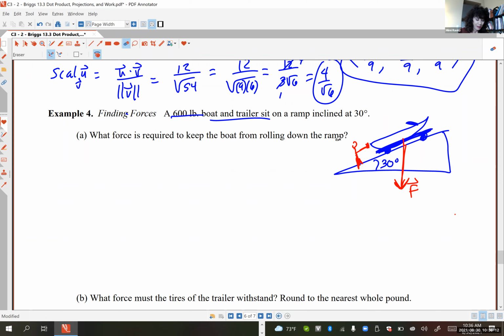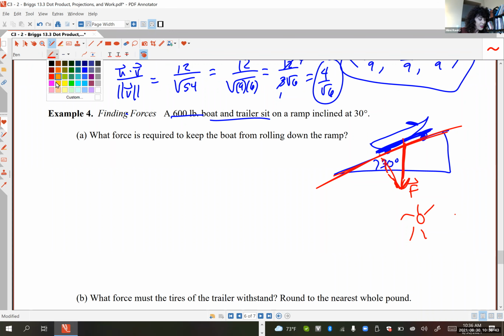Oh, that seems pretty weird. Yeah, it is. And what it turns out to be, visually speaking, is the force vector F projected onto the ramp. So if you were to shine a bright sun from the ground up, where the ramp is considered the ground, what would the shadow that this force vector makes on the ramp be?